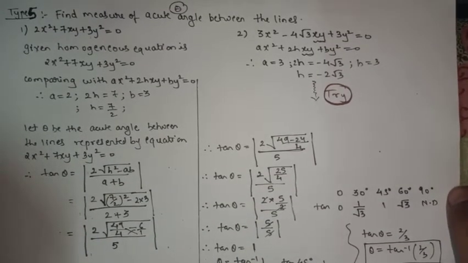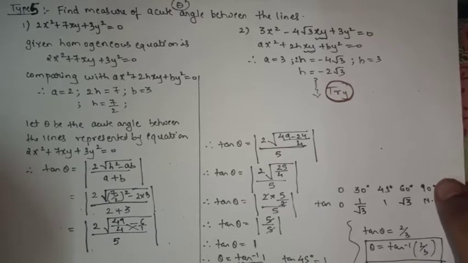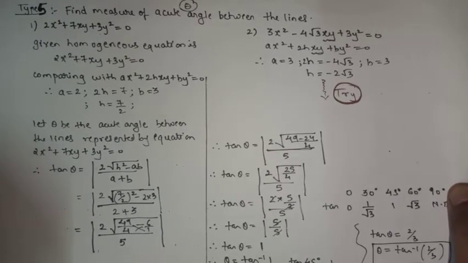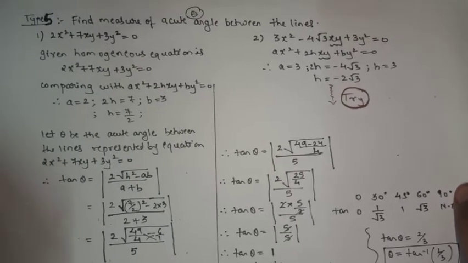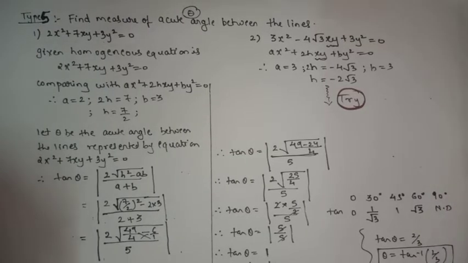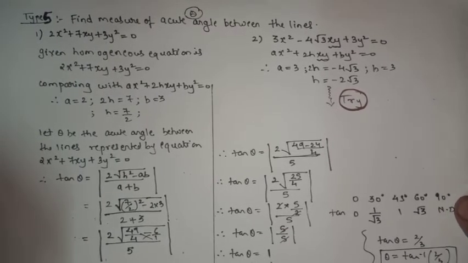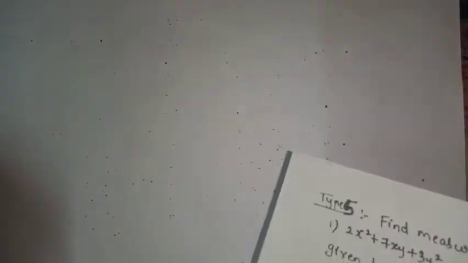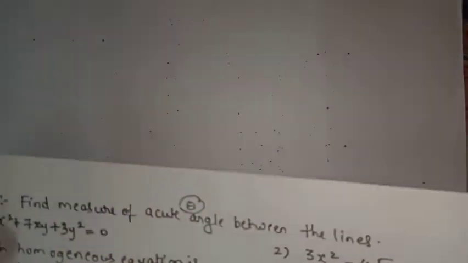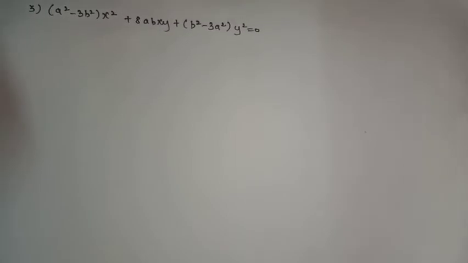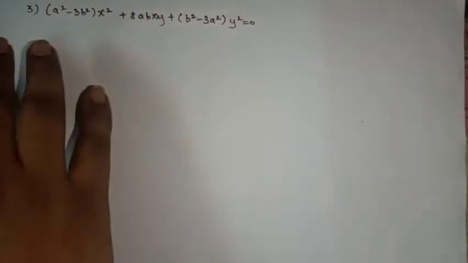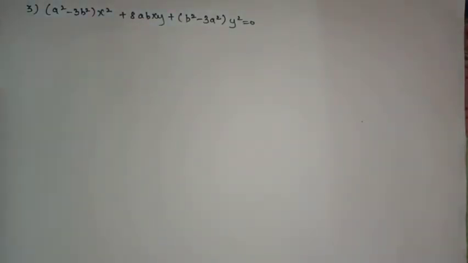Understood? Okay, so now we'll see a very important sum which is there in exercise number 4.2, as it is very important from the board point of view, and I can say even for competitive exams like JEE and CET, this sum is very important.